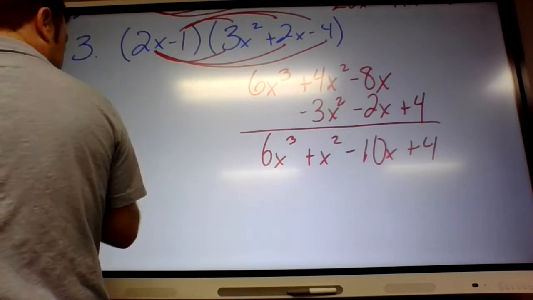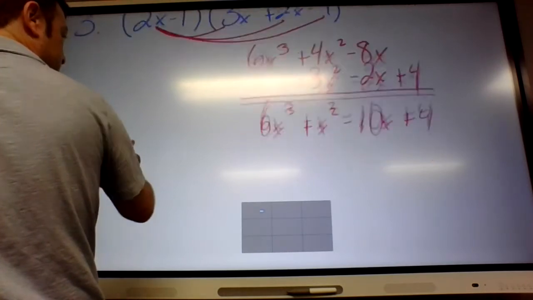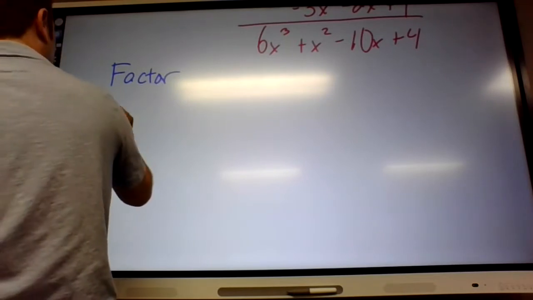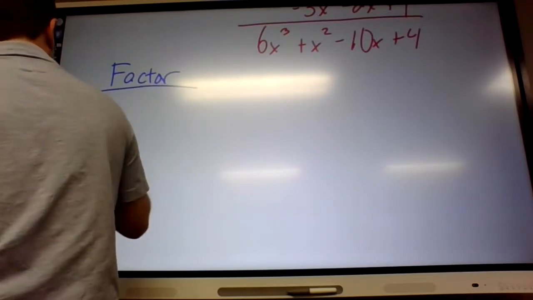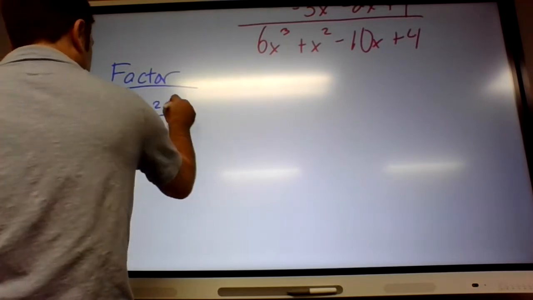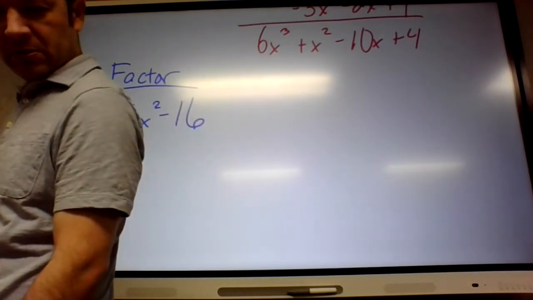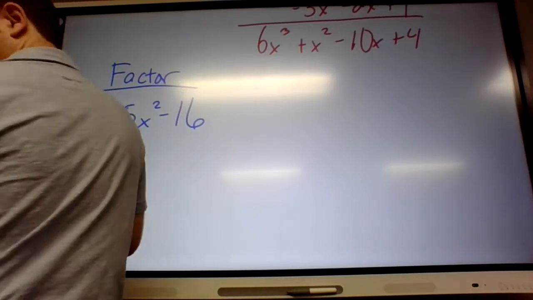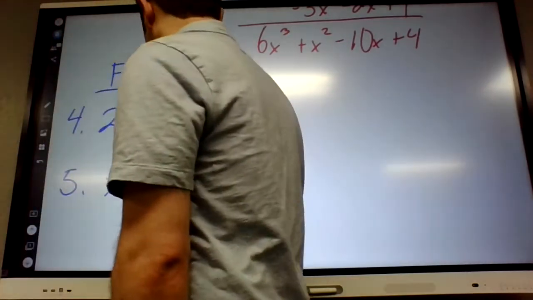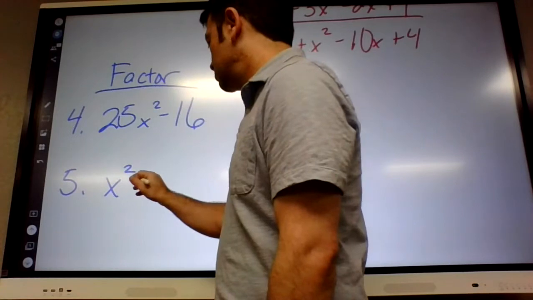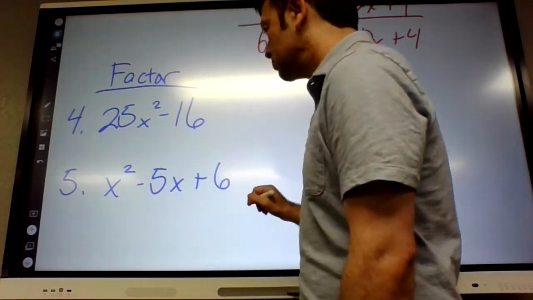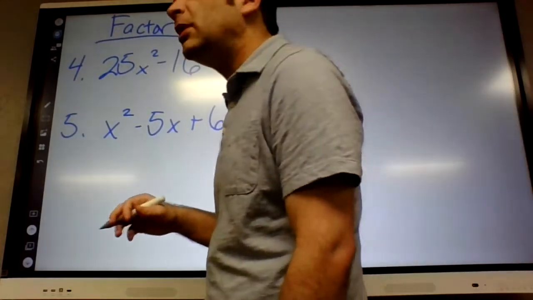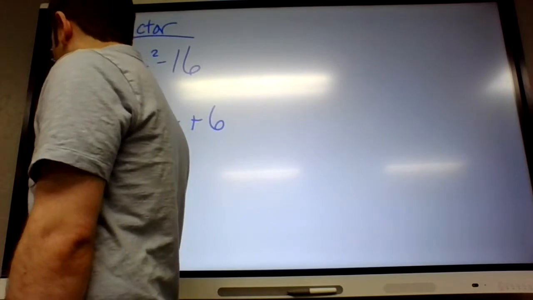Next one is factoring. Next section. Is there about 3 binomial questions?